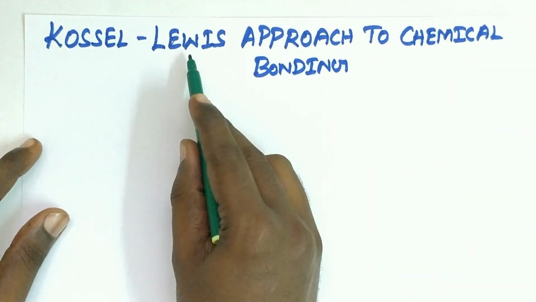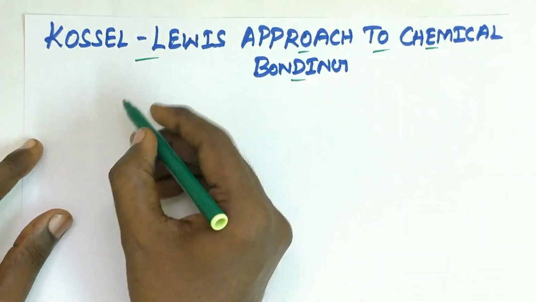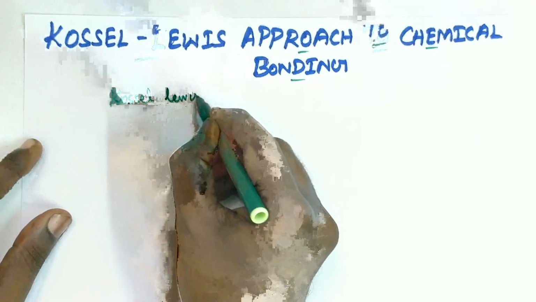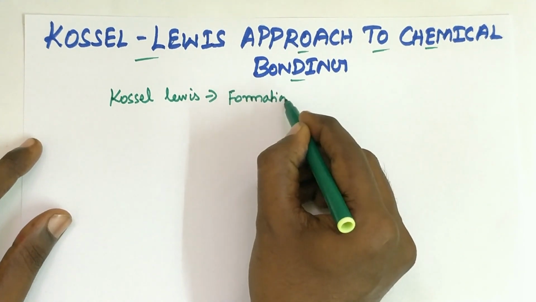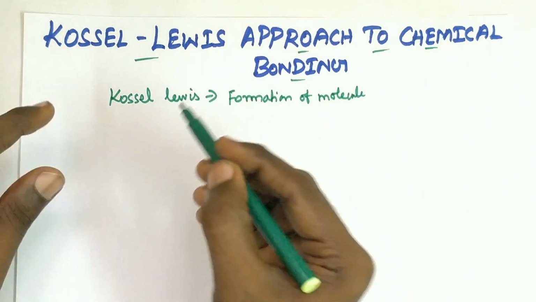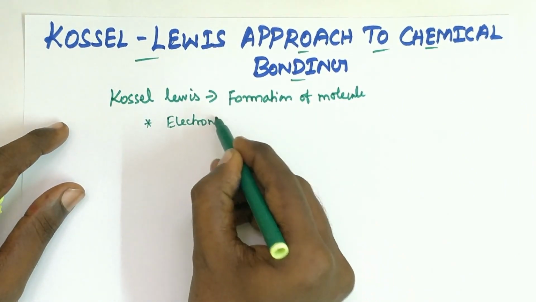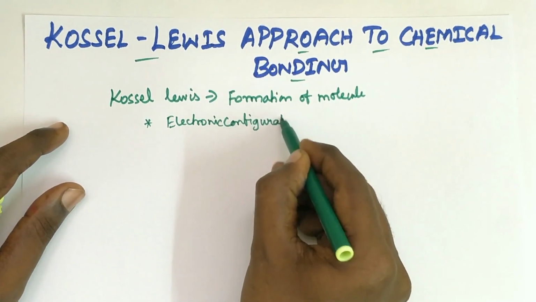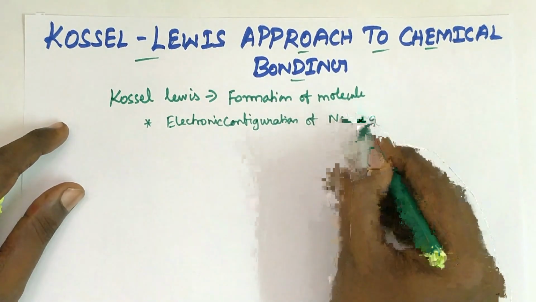So next topic is Kossel-Lewis approach to chemical bonding. In his theory, that is Kossel-Lewis theory, he explains the formation of molecule based on electronic configuration of noble gas.